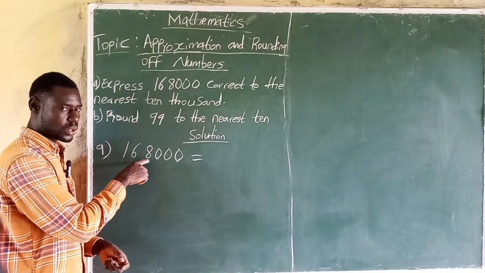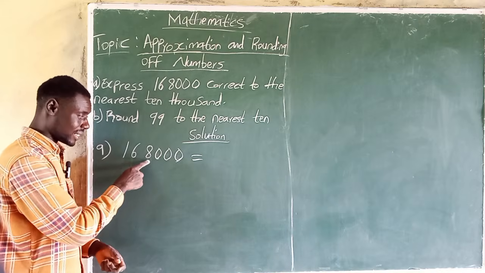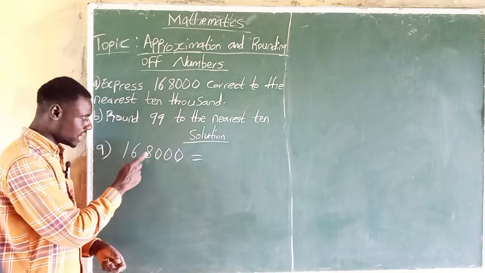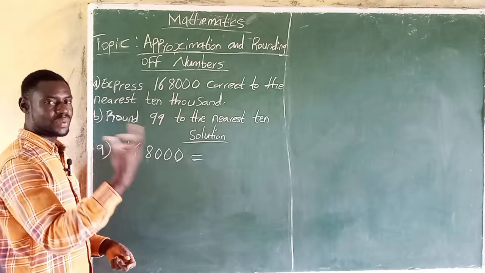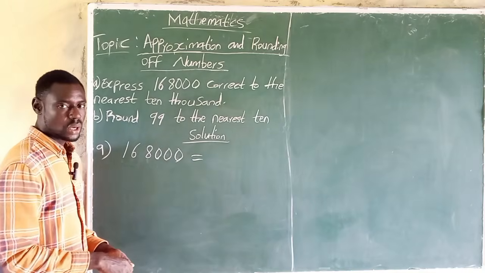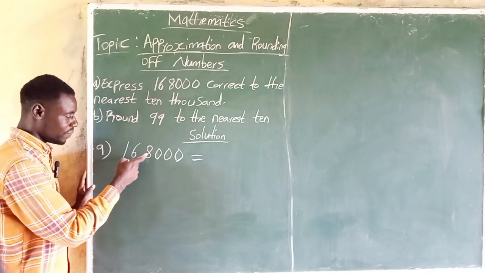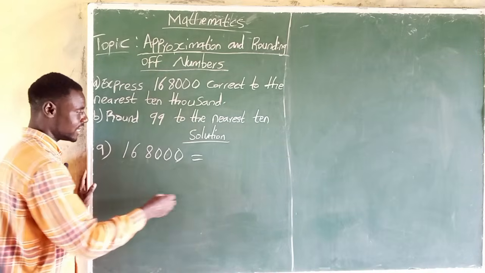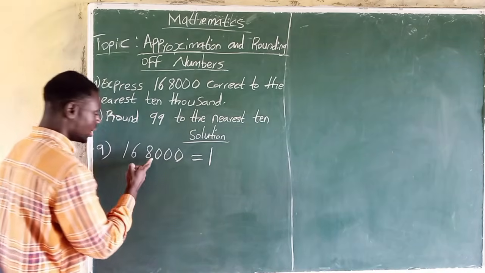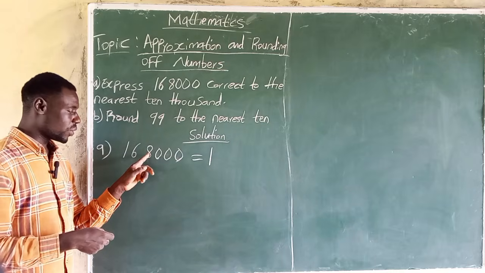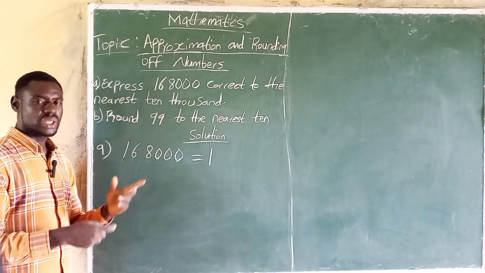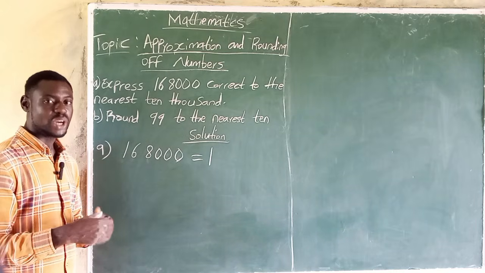So what we are going to consider here is to approximate that value that is close. Look at the number that is close to the 10,000. After the 1,000, we come to the 10,000. So this number is what should be rounded off for you to get your 10,000. This one will not be touched because it is this value that we are going to be approximating. So we have 1. Now when we approximate, check very well. We are going to round up this number because the number is bigger than 5 or is up to 5.